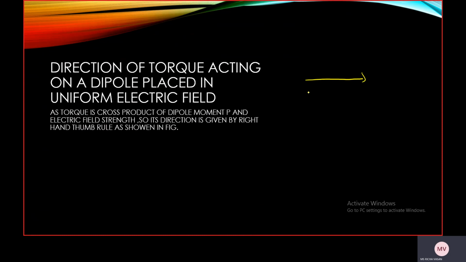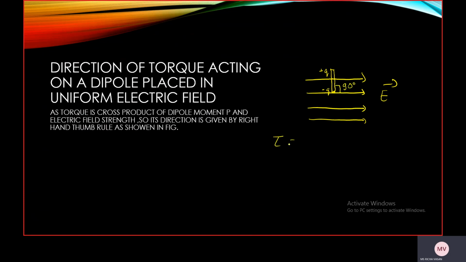So if we talk about the special cases, this is our electric field, right? And if our dipole is perpendicular to the direction of our electric field, in this case the theta angle becomes 90 degrees.